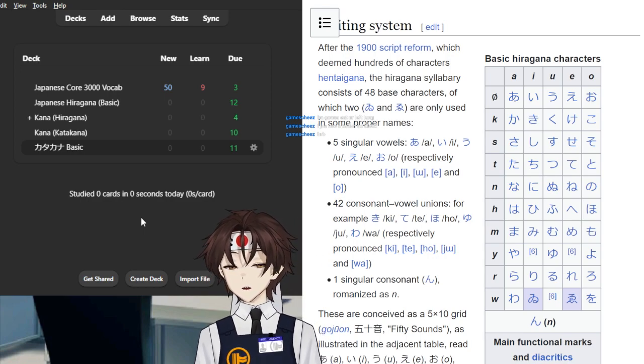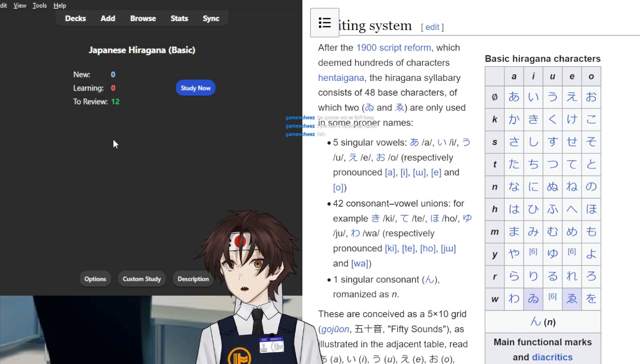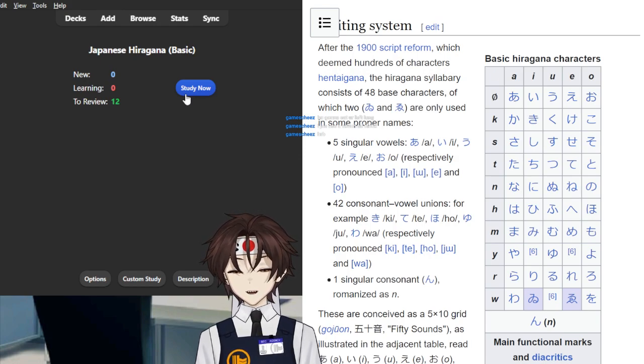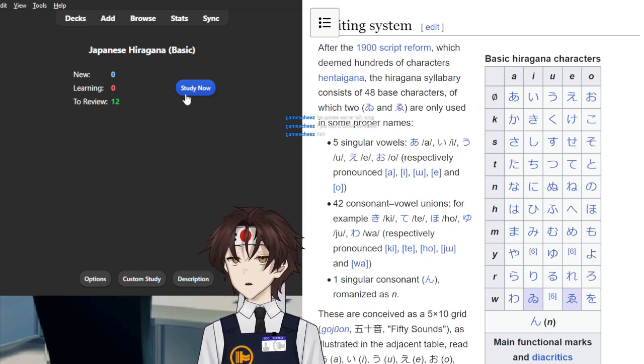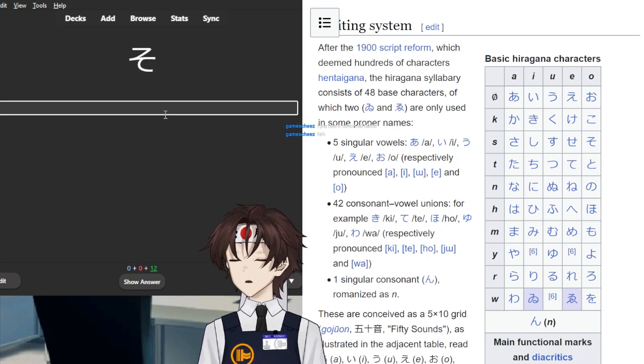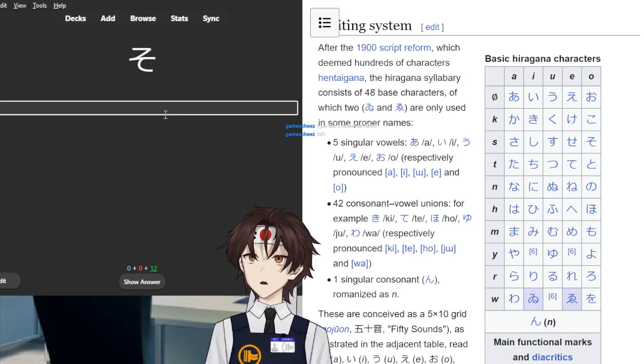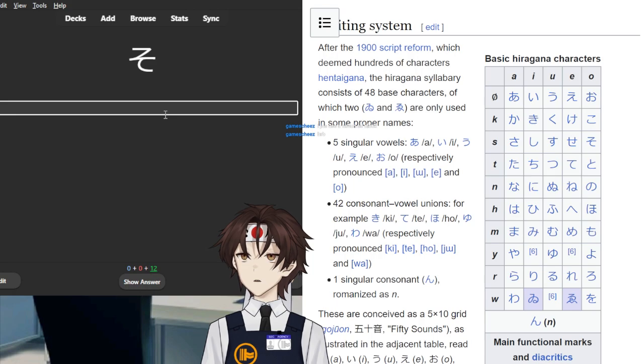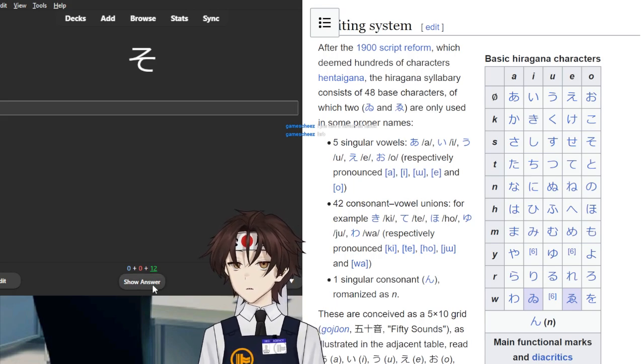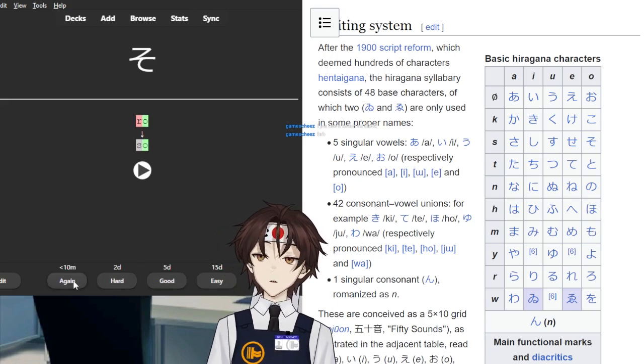But that's a thing at this point anyway. So let's start. I'm going to get the hiragana going. This is a review. I already covered these, and it's just a review, basically. And right off the bat, I've forgotten.